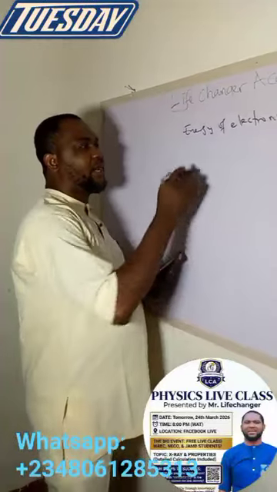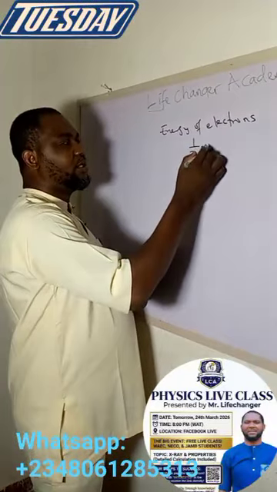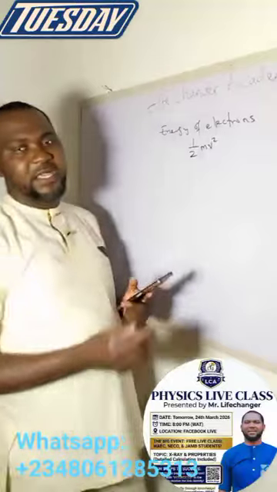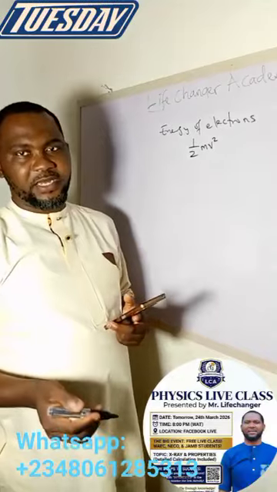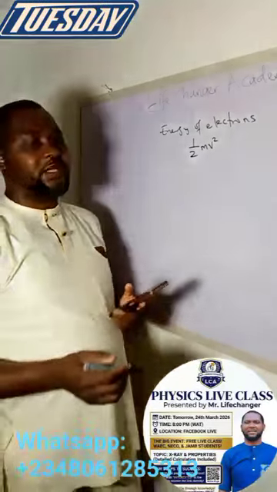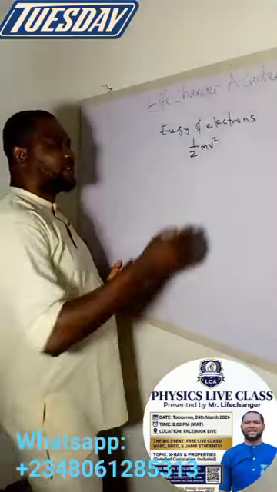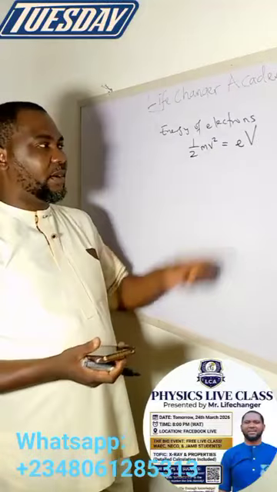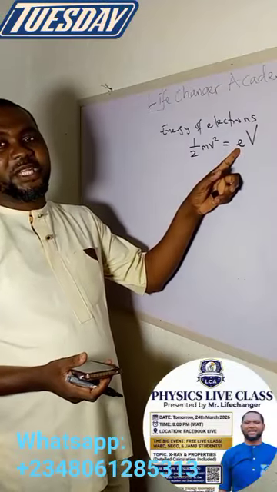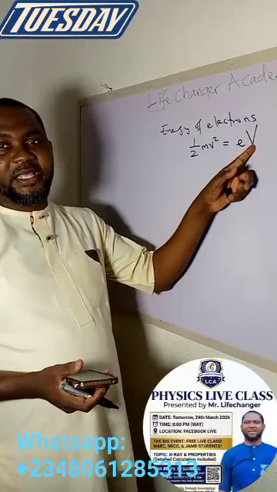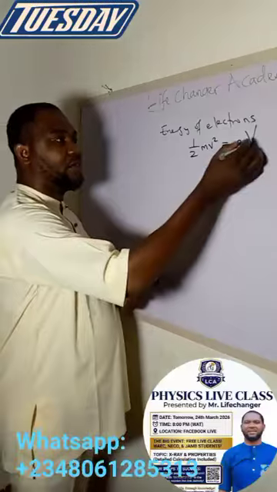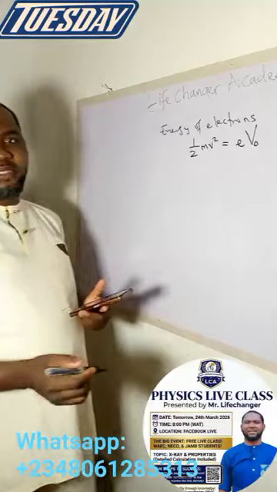The first formula I gave you is that we know generally kinetic energy is half mv squared. You shouldn't forget that. But most importantly, kinetic energy can also be electron volts, eV. You remember, e here stands for the charge of an electron. V here stands for the stopping potential, if you can remember that.